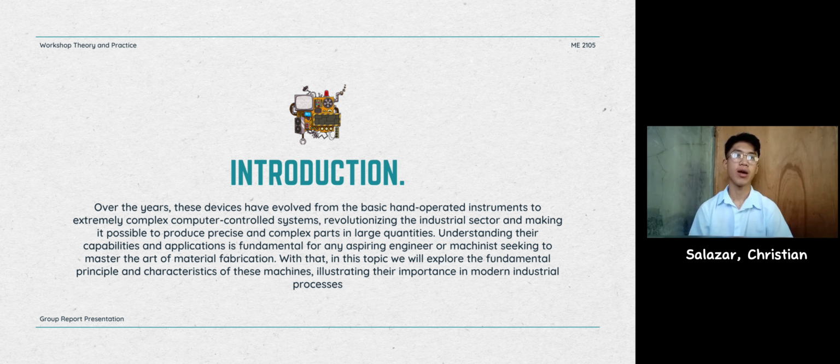To master the craft of material fabrication, it is essential for aspiring engineers and machinists to comprehend these machines, capabilities, and applications. In these discussions, we will delve into the fundamental principles and distinctive characteristics of these devices, shedding light on their pivotal role in modern industrial processes.